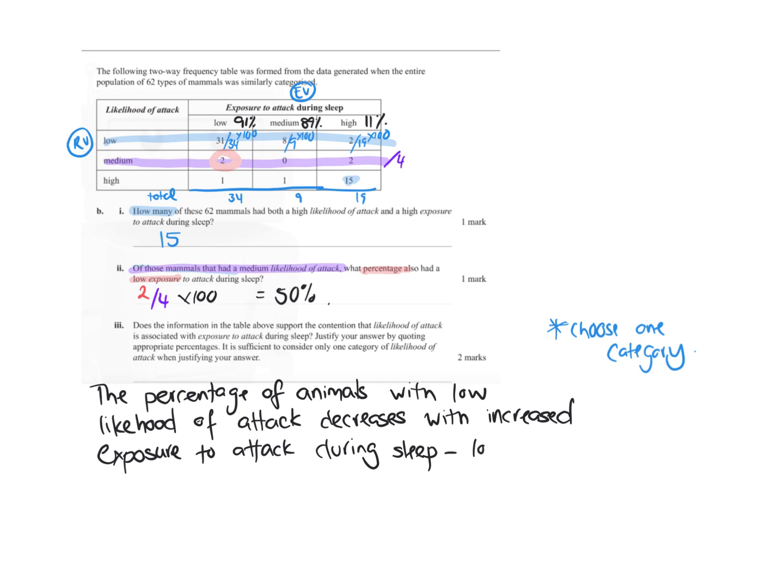And I've said that the change, and then I'm going to write the percentages. So low exposure, I'm going to write 91%, and then I'm going to say medium exposure, 89%, and high exposure, 11%.